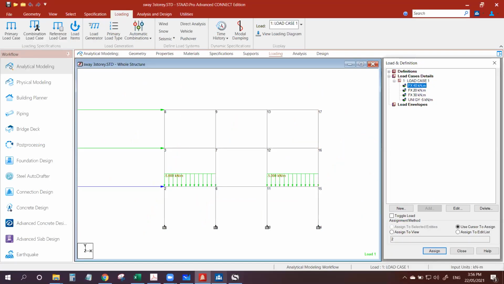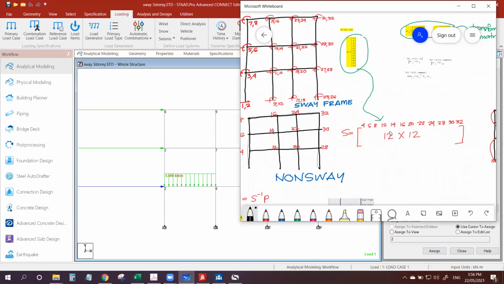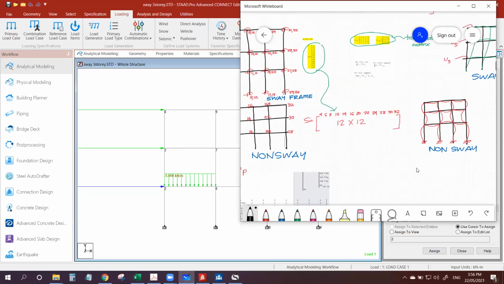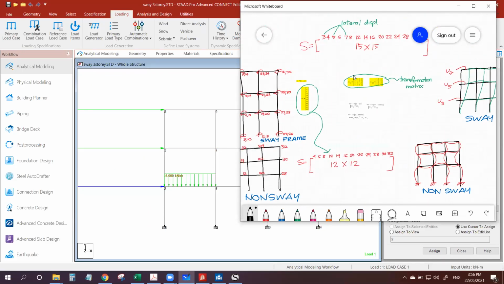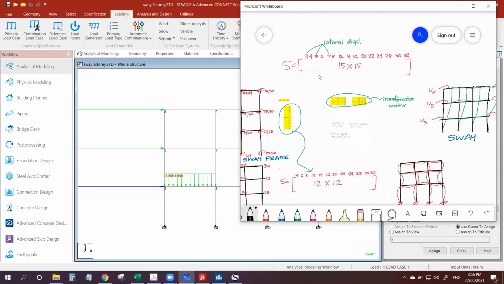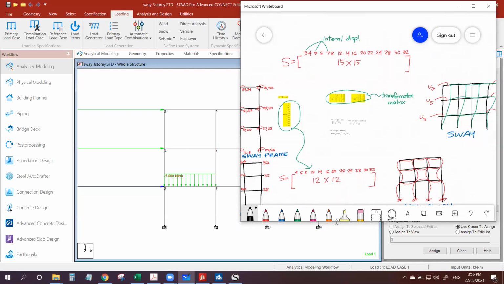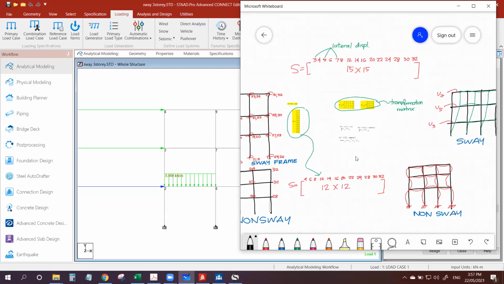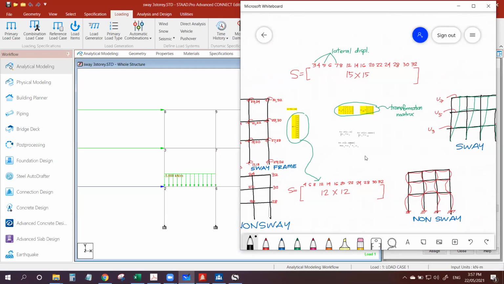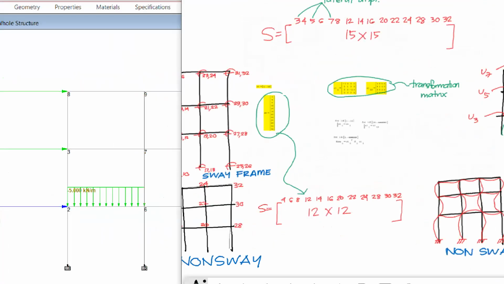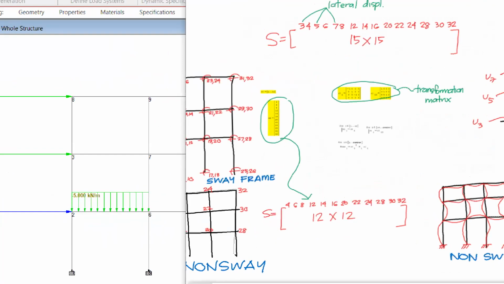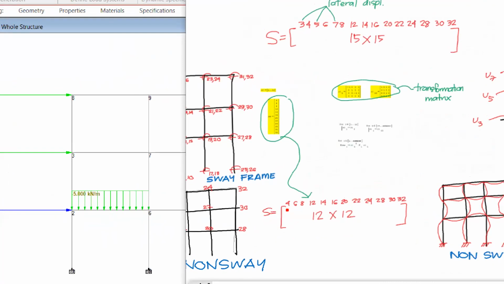Now I'll show you my whiteboard. This is now my new coding. So earlier, I have 4, 6, 8, 12.